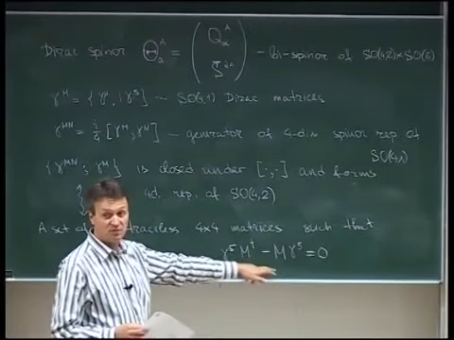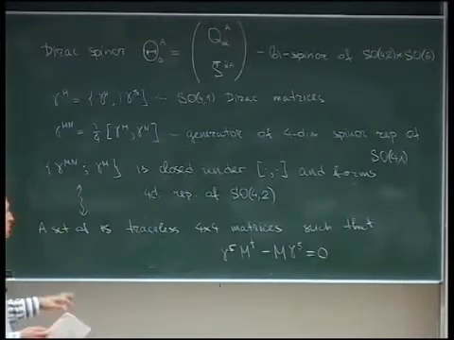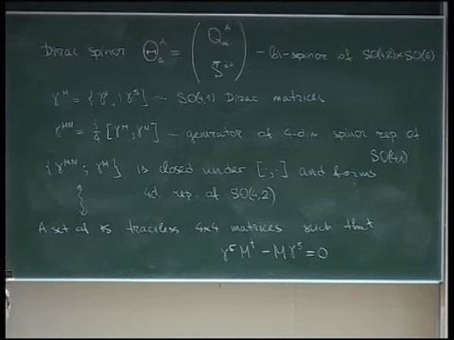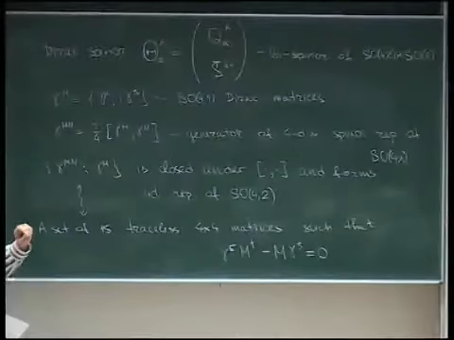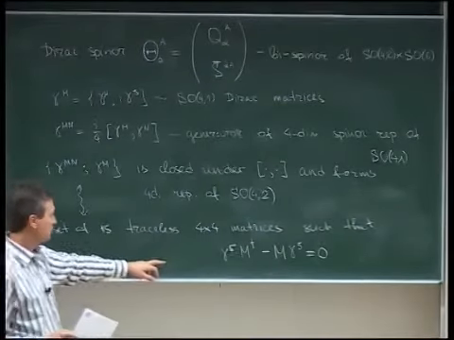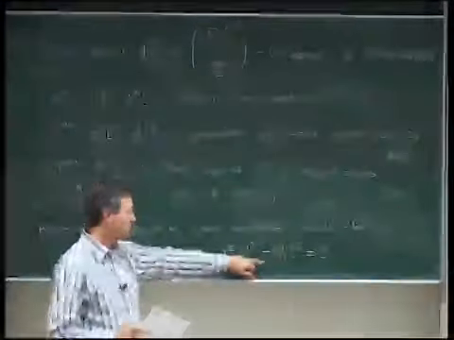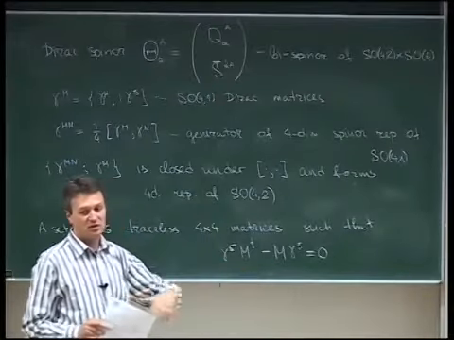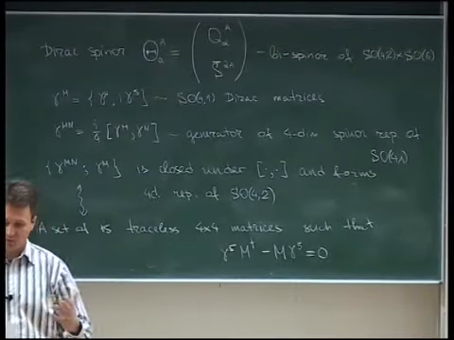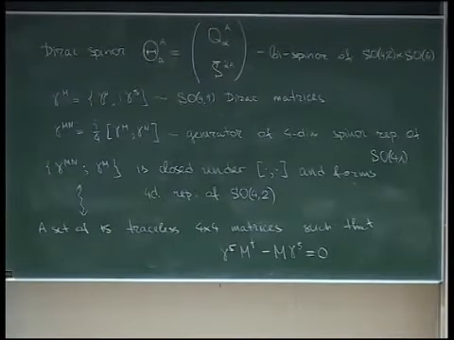So they satisfy this conjugation condition. In this basis, gamma 5 is the matrix 1, 1, minus 1, minus 1. So 4x4 traceless matrices with this conjugation condition form the algebra that's called SU(2,2).